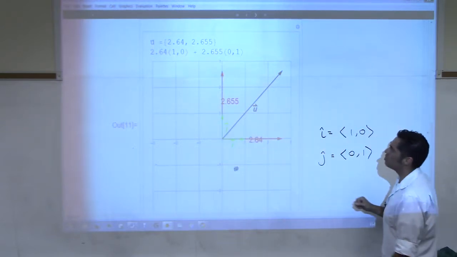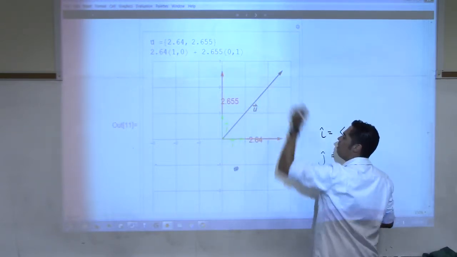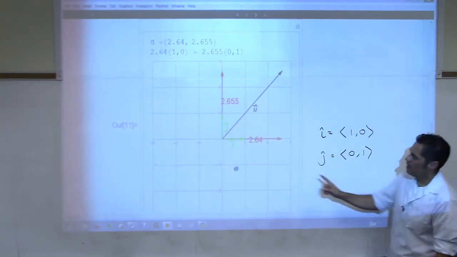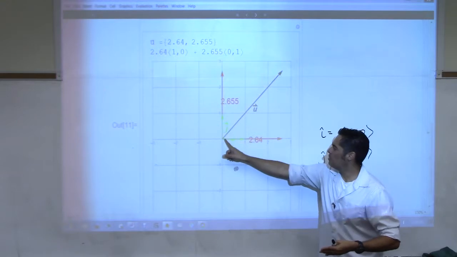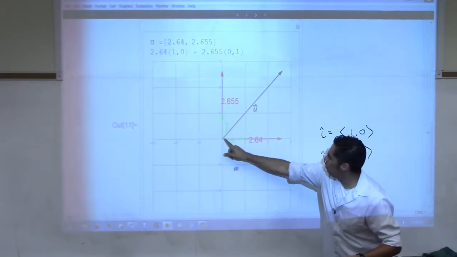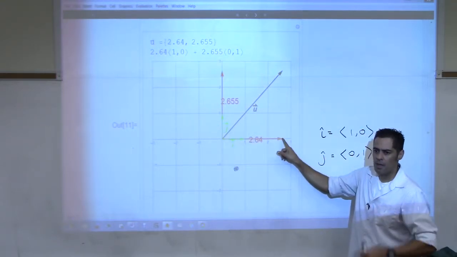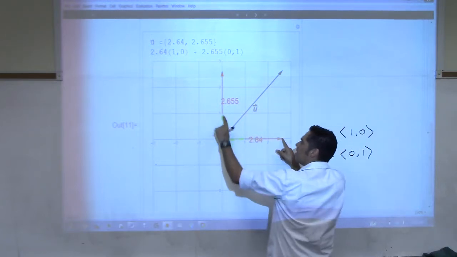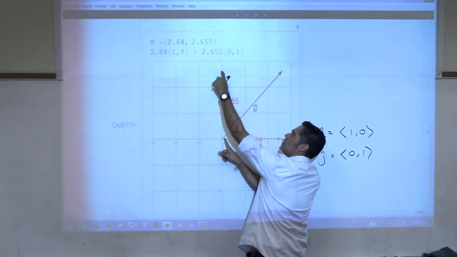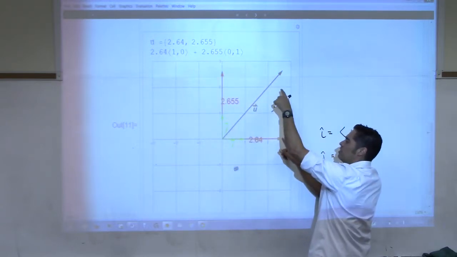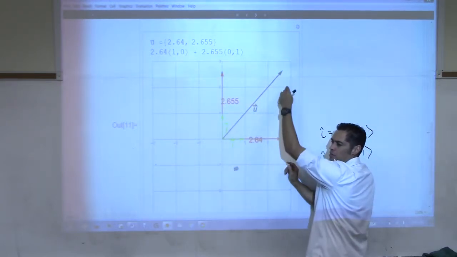So in order for me to draw this vector here, all I need to do first is take i hat and scale it. If I scale by 2.64, it'll draw this red vector. Then I take j hat and I scale that one by 2.65 in this case. And if I go tail to tip like that, I will draw that result.